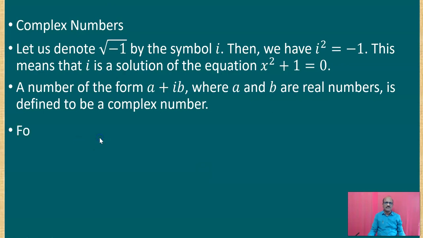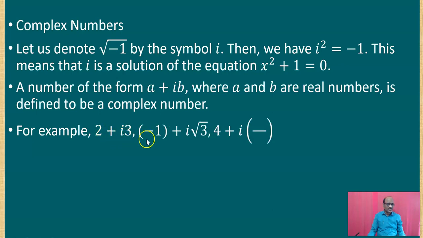Next, for example, 2 plus i3, minus 1 plus i root 3, 1 plus i times (minus 1 upon 11) are complex numbers.